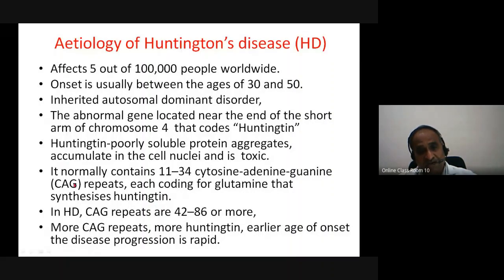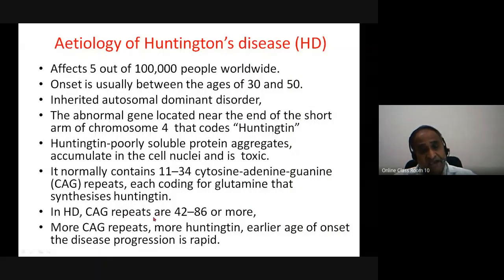So if I go for a genetic analysis and find the CAG repeats, I can understand whether I will be prone to Huntington disease or not.